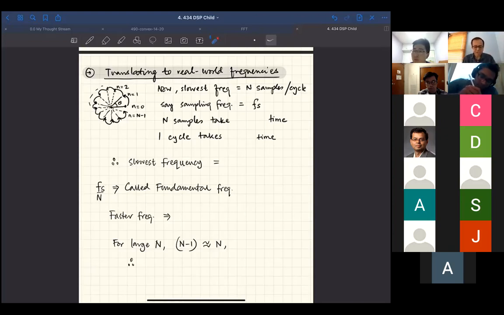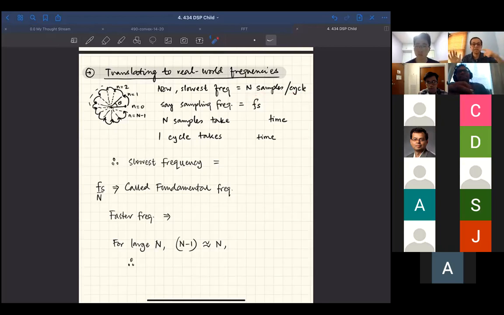Okay, good. So now look, the slowest frequency that we have done so far essentially is n samples per cycle. You agree? Well, the slowest frequency is 0. Okay, sure. But the second slowest frequency is n samples per cycle.